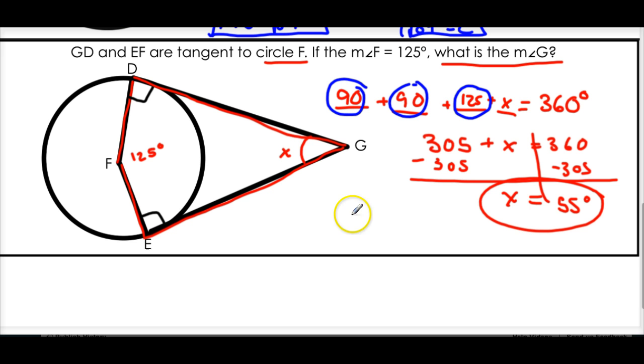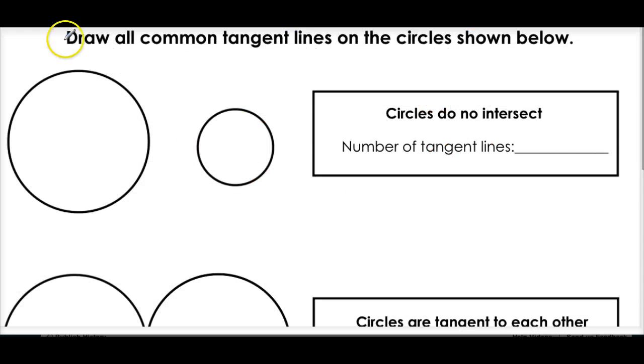All right, so we know angle G is equal to 55 degrees. Now, just always remember this. This is a theorem you got to know. Tangent to a circle, the radius and the tangent create a 90-degree angle. And that will help you out a ton.